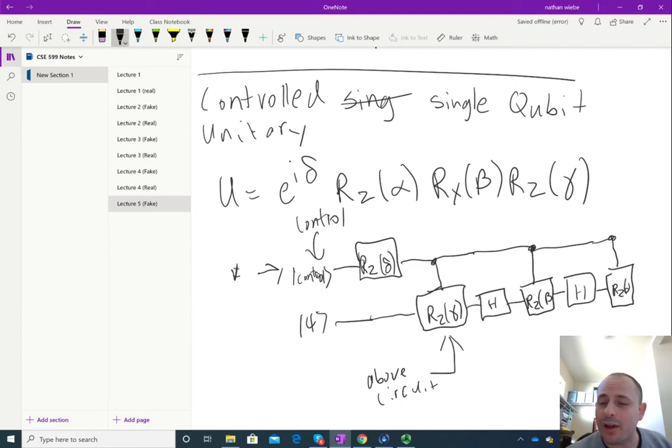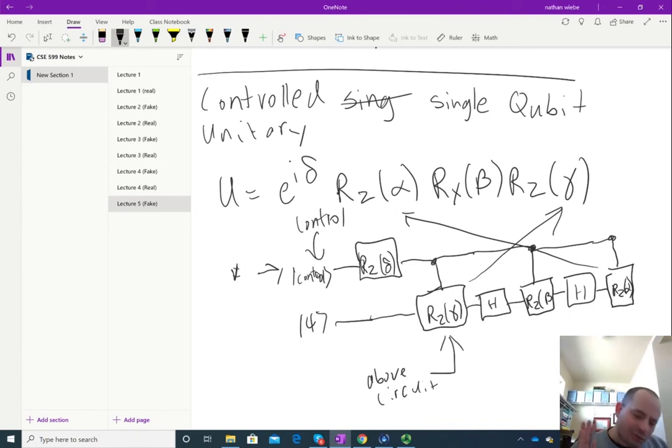Rz of alpha. Now, the observant amongst you might realize, hey, wait a second. How come the order of these parameters is the opposite of the ordering that you gave above? This is an unfortunate consequence of the conventions that were chosen with matrix multiplication and the quantum circuits. For matrix multiplication, the time ordering ends up going in this direction.